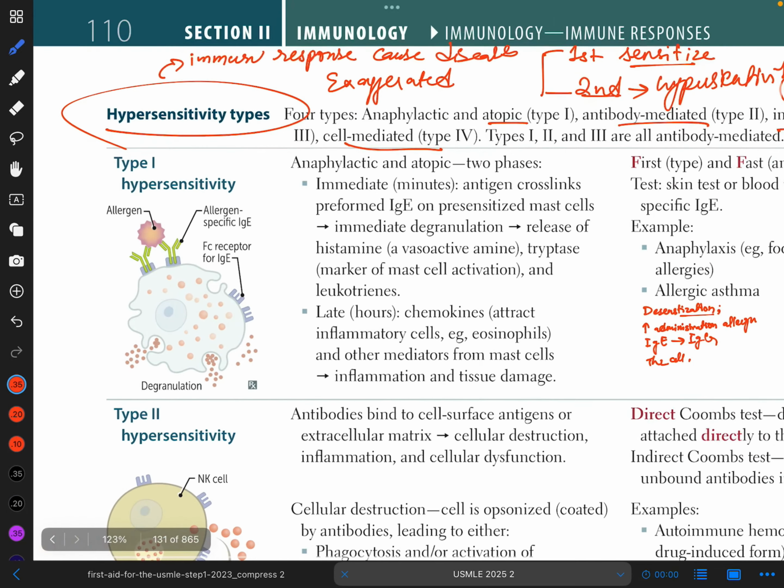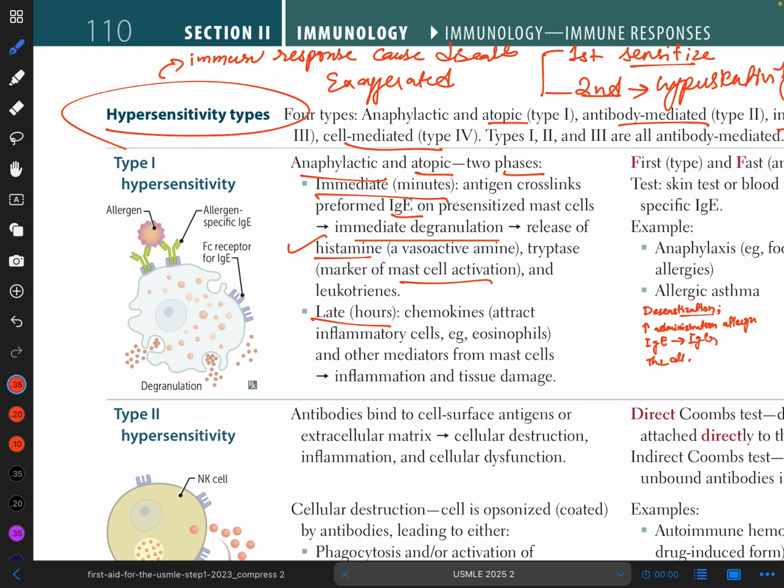Let's start from the book, type 1 hypersensitivity. Type 1 hypersensitivity, anaphylactic and atopic, has two phases: immediate and late, in hours. The immediate phase is due to antigen crossing the preformed IgE on the pre-sensitized mast cells. They go for immediate degranulation and release of histamine, vasoactive amines, tryptase as a mark of mast cell activation, and leukotrienes.